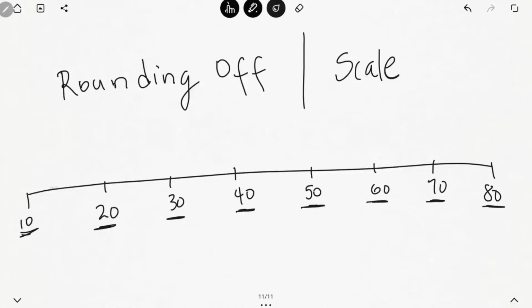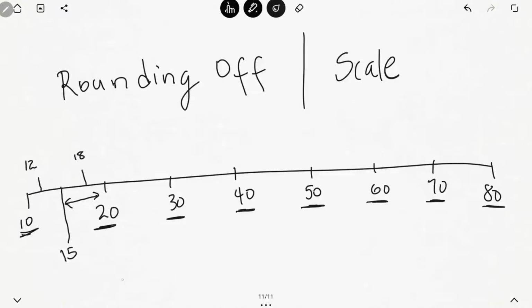We want to show you how to round up and how to round down. If you have the number 12, versus if you have the number 18. Between 10 and 20, the very halfway point is 15. Anything 5 and up, or in this case 15 and up, would be rounded up to 20.